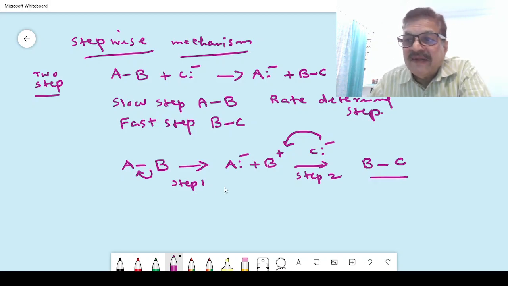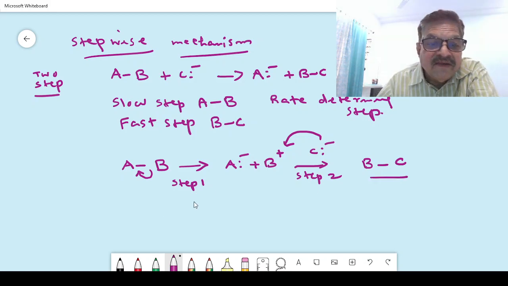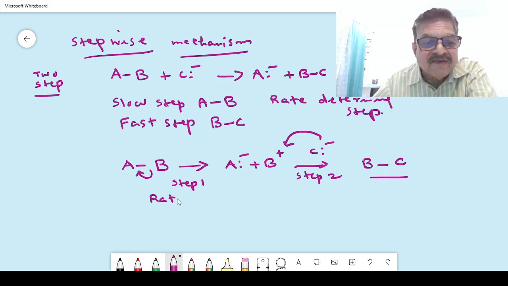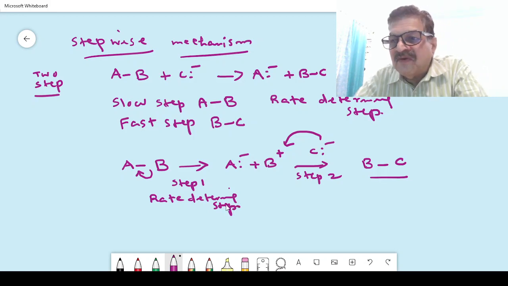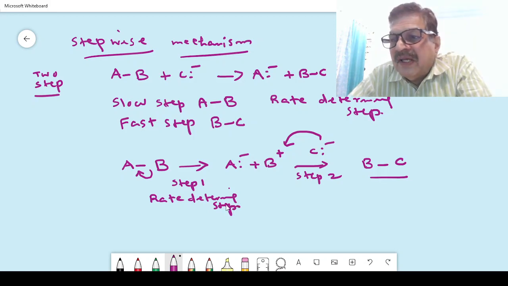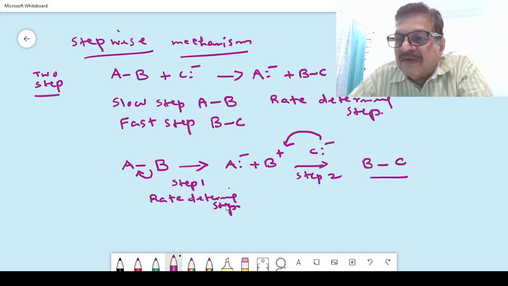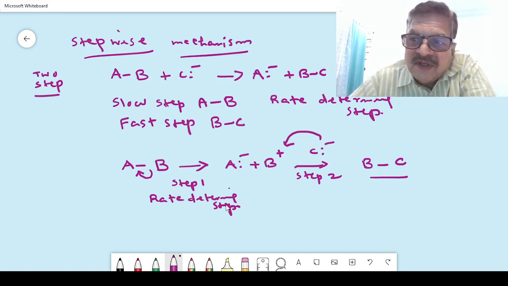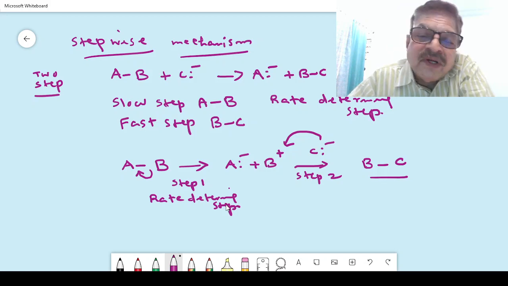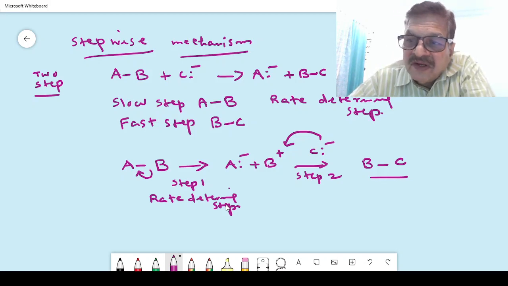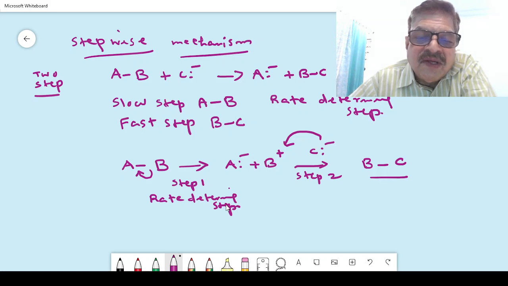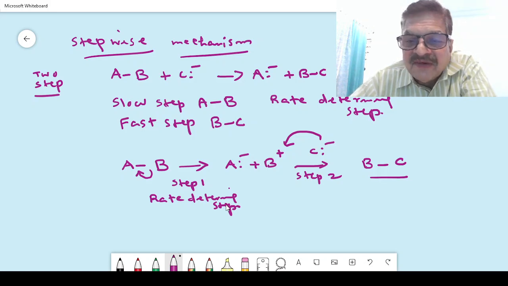Now, which is the rate determining step here? Step 1 is the rate determining step, because bond cleavage is involved, and that is a slow step. That means in the rate determining step, the concentration of AB is involved. Only AB is involved in the rate determining step. Therefore, the concentration of AB only determines the rate of the reaction.